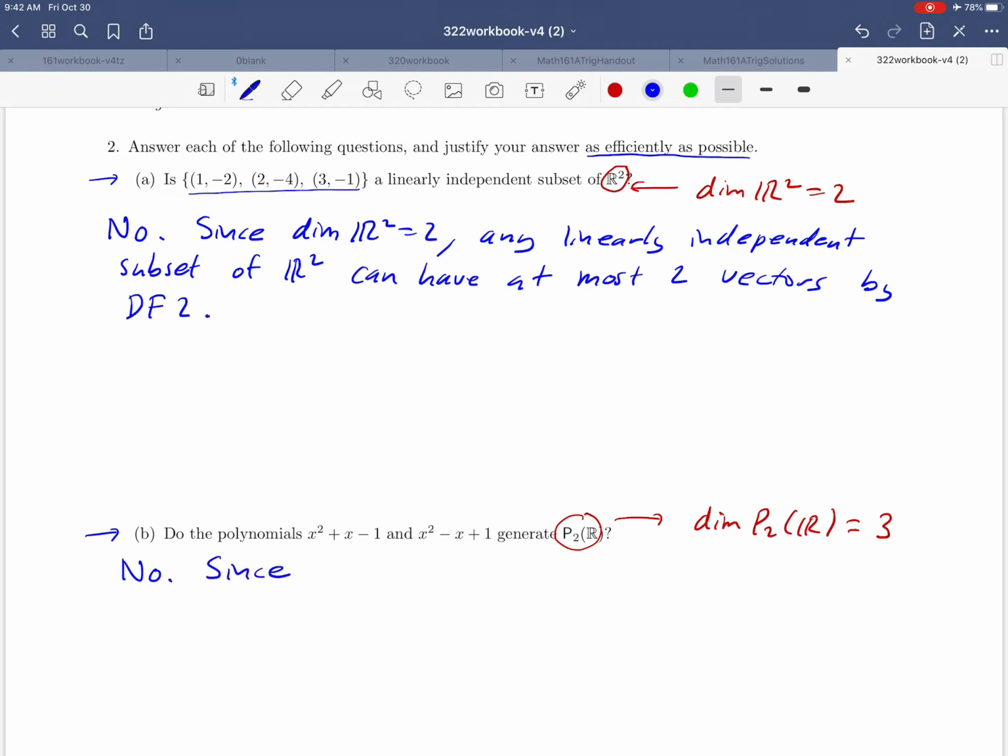Our explanation might go something like this. Since the dimension of P2 of R equals 3, any generating set of P2 of R must contain at least three polynomials.